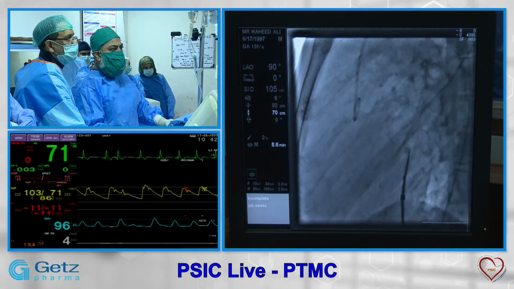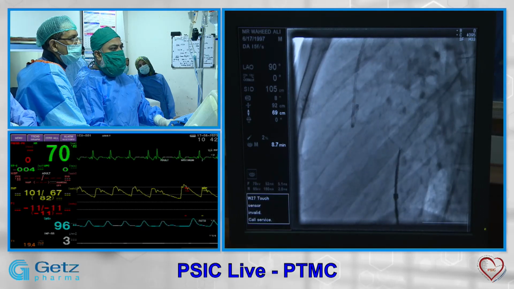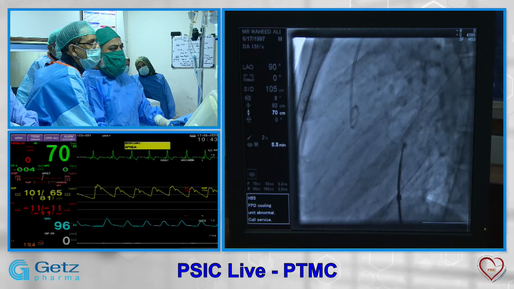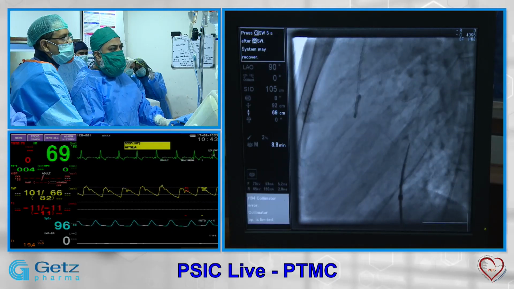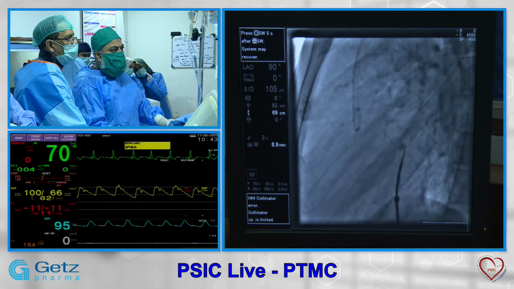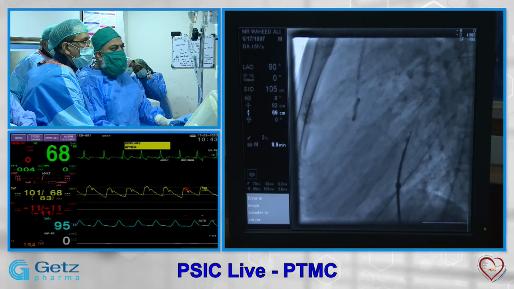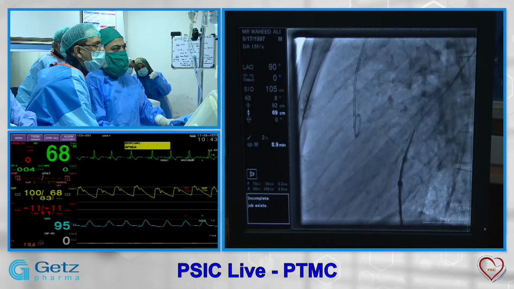So we can see the septum. Okay sir, here? So there are different ways. Yes, some of the people try to stain the septum and then puncture. So we'll puncture here, and then the most important thing is to take a cine here.